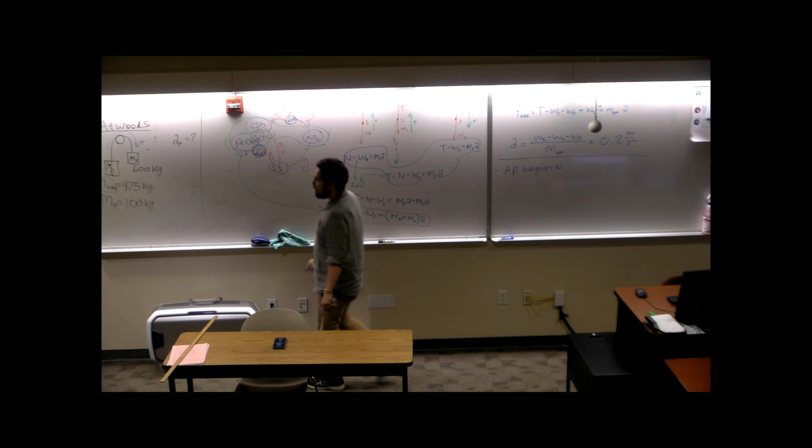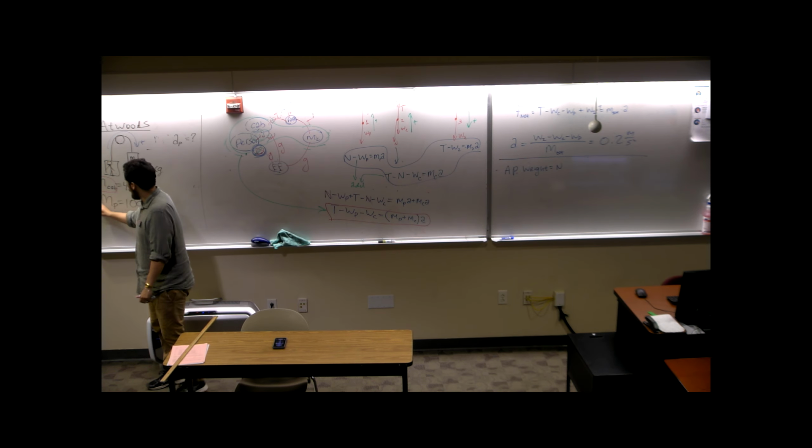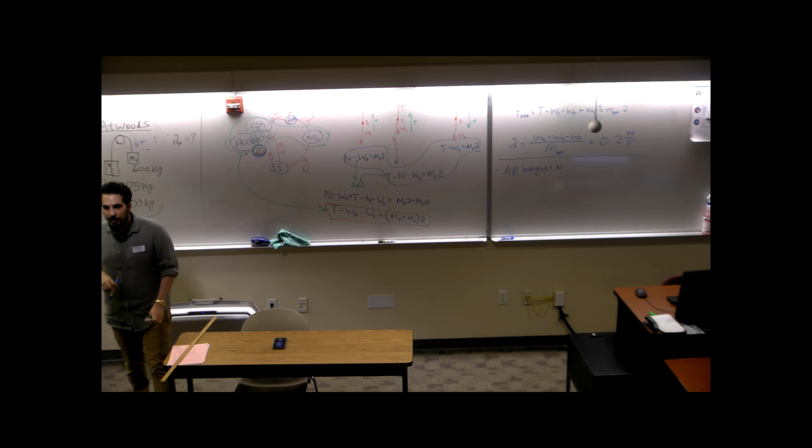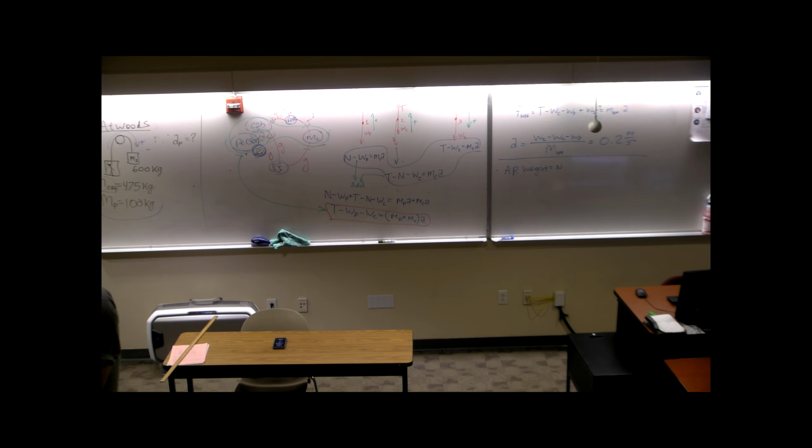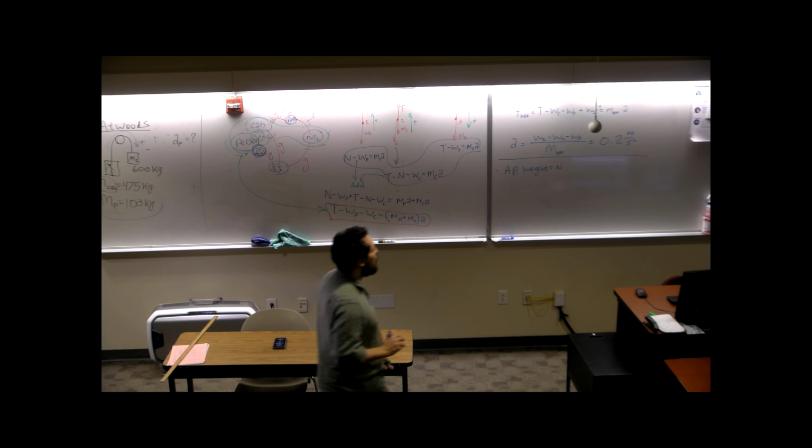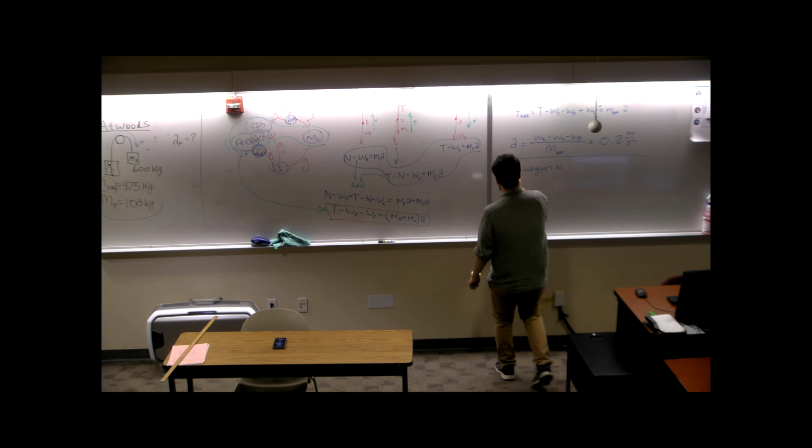So we ask, this person who has a mass of 100 kilograms, who has a weight of 980 newtons, where that gravitational force is about 980 newtons. This person who has a weight of 980 newtons, what is their apparent weight?